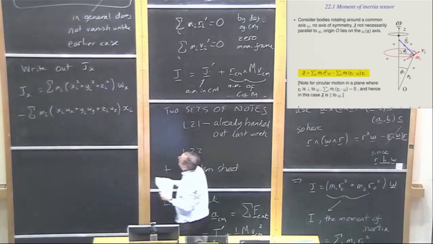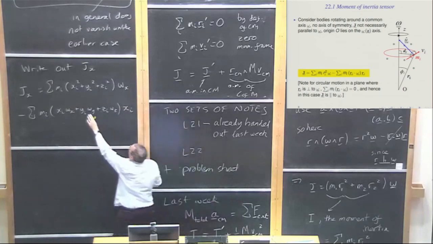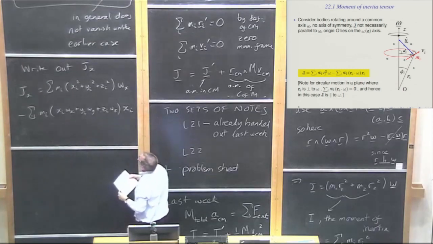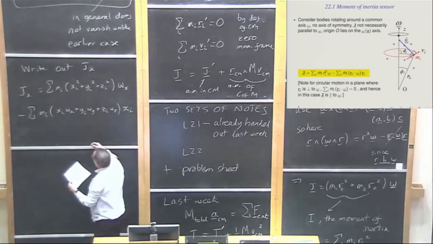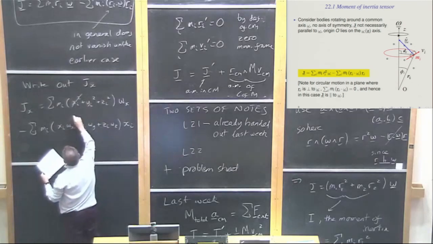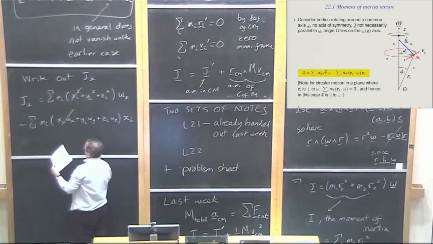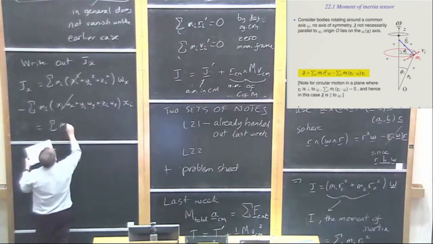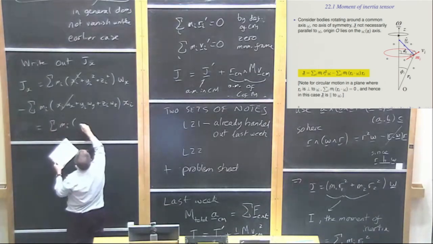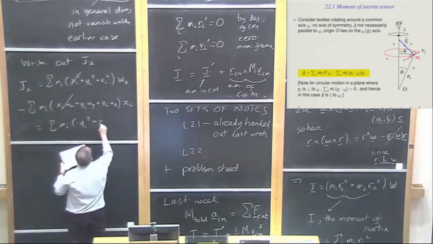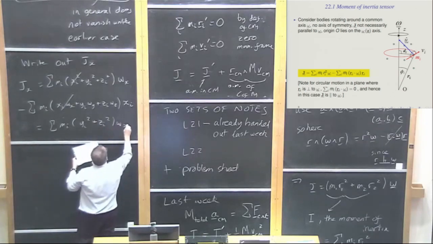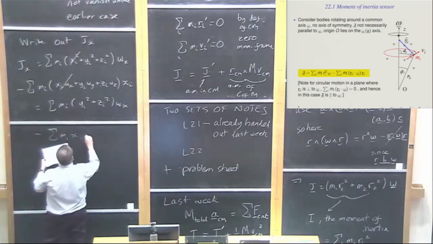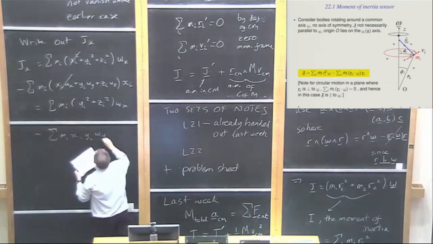Okay, now we look at that for a bit. So you have xi squared. All of this is multiplied by xi, so we've got an xi squared there also, but this has got a minus sign in front. So this cancels. And so we're left with that first term, just writing this out, is therefore Mi times yi squared plus zi squared omega x minus Mi xi yi omega y.